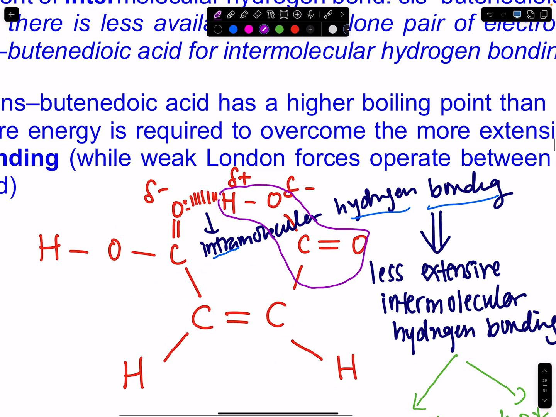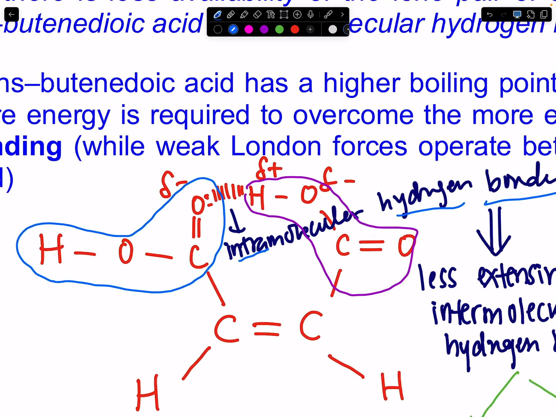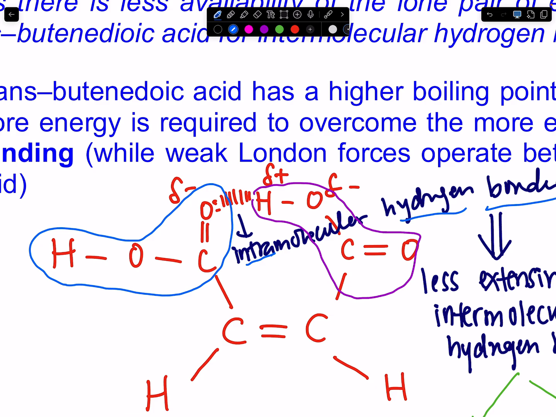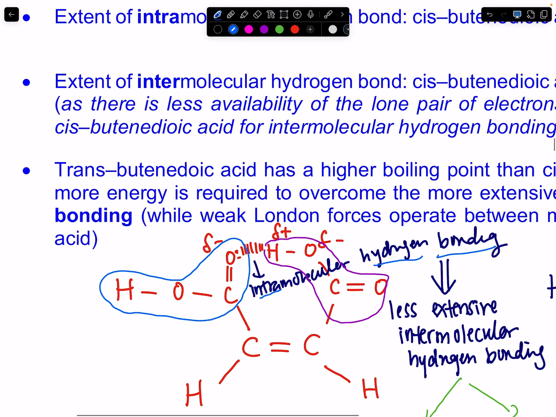Are you able to see that I drew the two Lewis structures of COOH? I would strongly suggest for you guys to copy it down so that you can show the examiner that you know what intramolecular hydrogen bonding is. Come draw it out first because it's not inside the answer key.